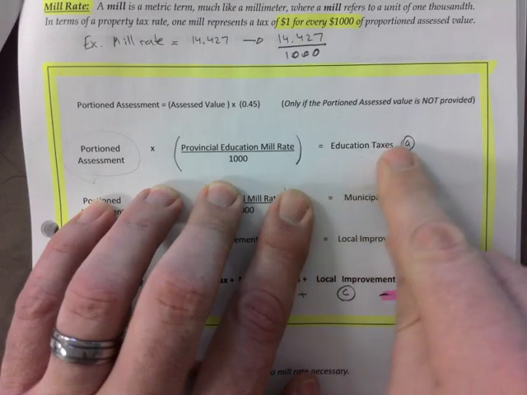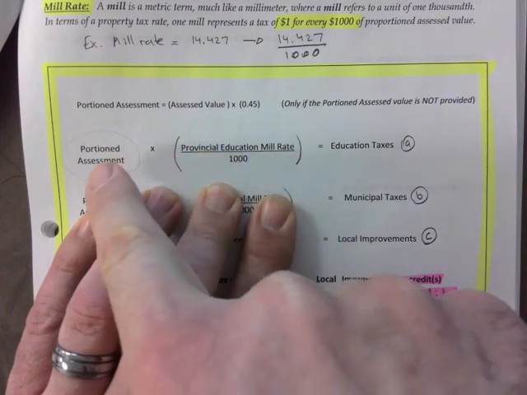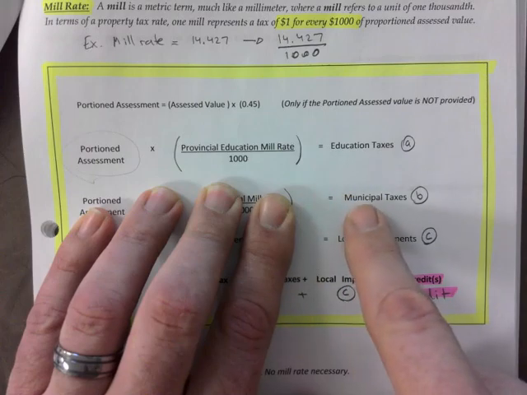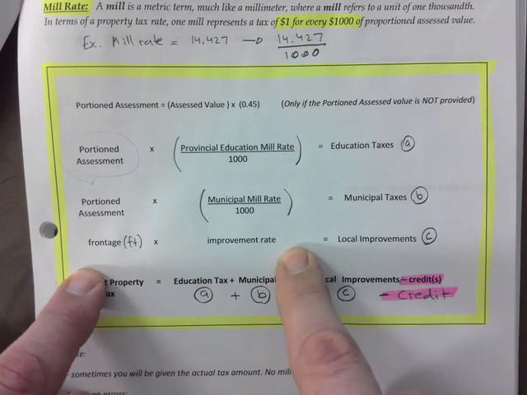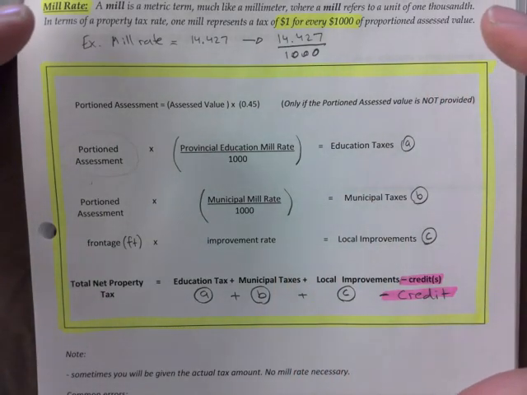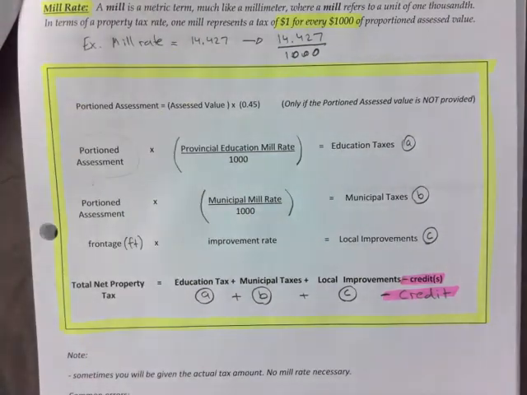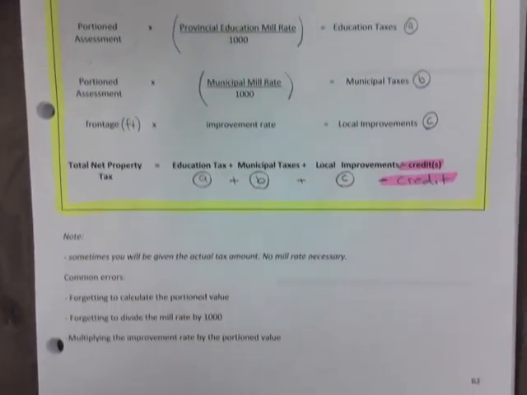But maybe for the education piece, you still have to do this step right here, finding out what it actually is. So don't be thinking that you have to follow this every single time, okay? This is kind of like the skeleton, and we're going to build off of that.